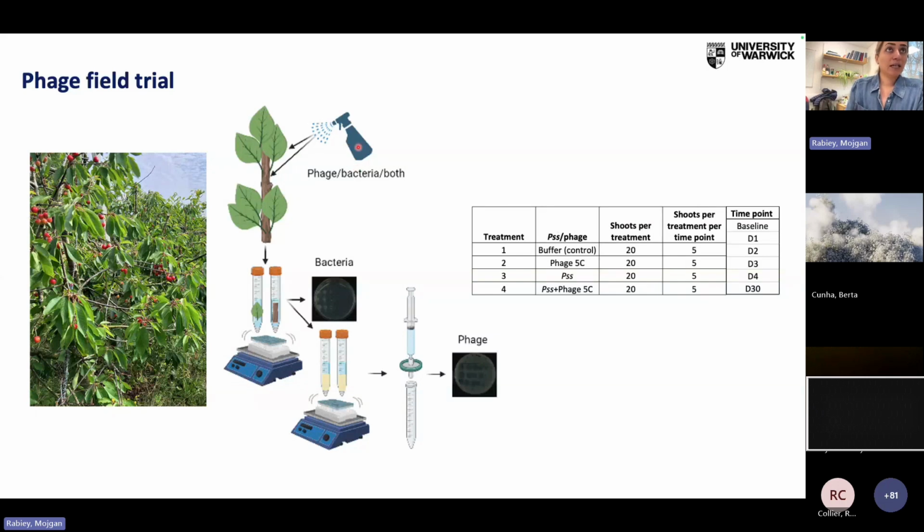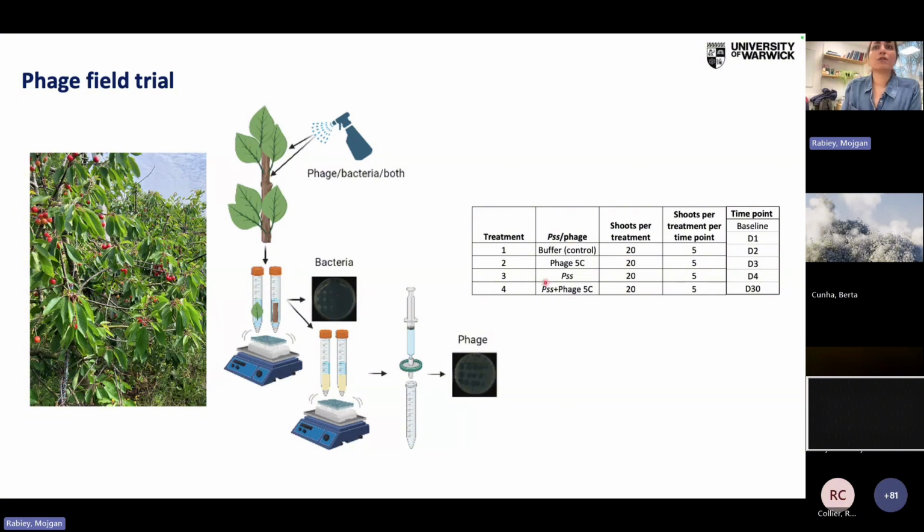We sprayed leaves and shoots with PSS first, and then after the population established, we sprayed them with phage. From these samples, we started collecting leaf and shoot samples every day for 4 days, and then at day 30. From all samples, we looked for phage and bacterial population to make sure there's no cross-contamination or movement of PSS and phages around.